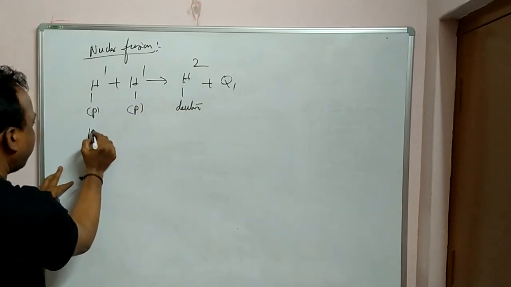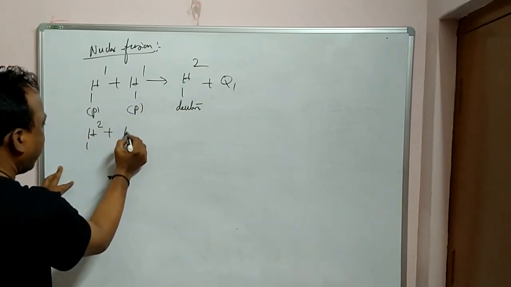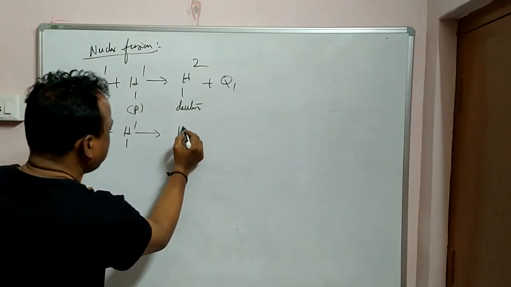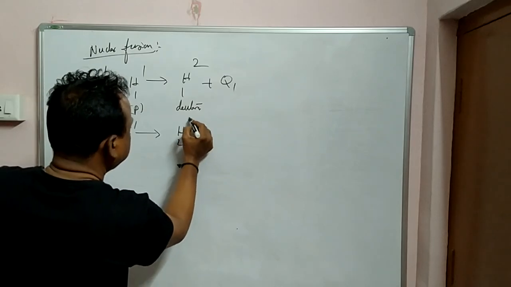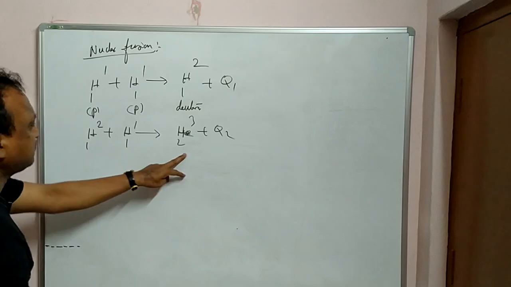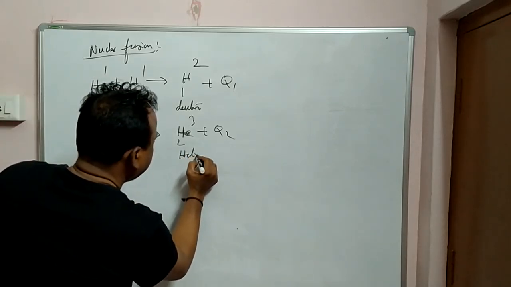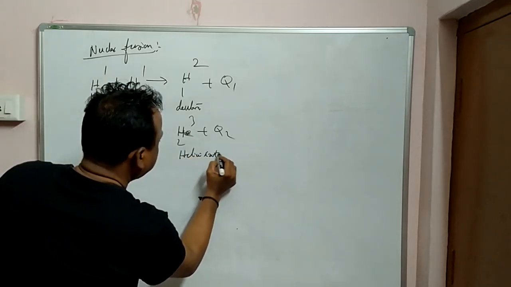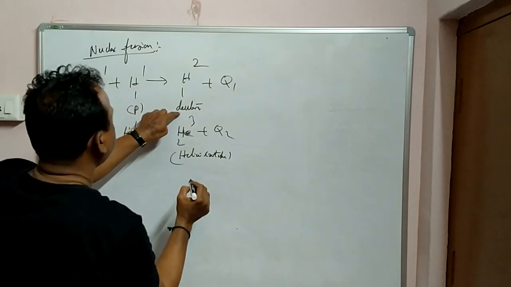In the same way, again deuteron and again proton give rise to helium isotope. Some energy may come out. This is helium isotope. This is deuteron.